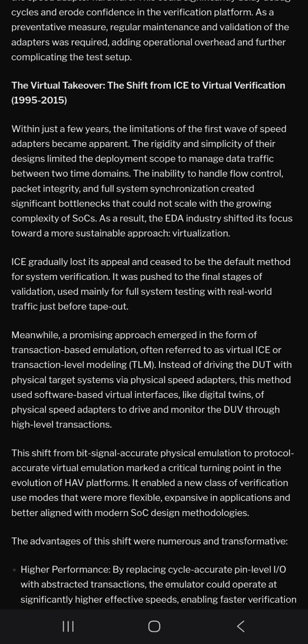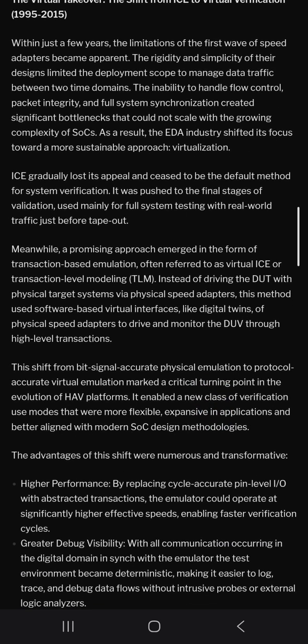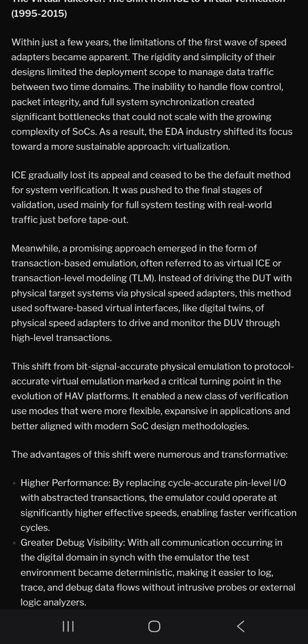ICE gradually lost its appeal and ceased to be the default method for full system verification. It was pushed to the final stage of validation, used mainly for full system testing with real-world traffic just before tape-out. Meanwhile, a promising approach emerged in the form of transaction-based emulation, often referred to as virtual ICE or transaction-level modeling, TLM.